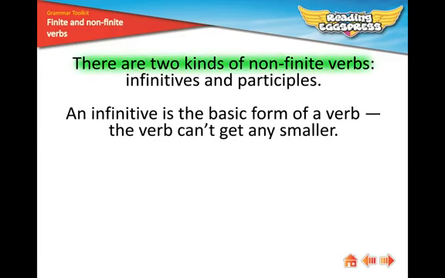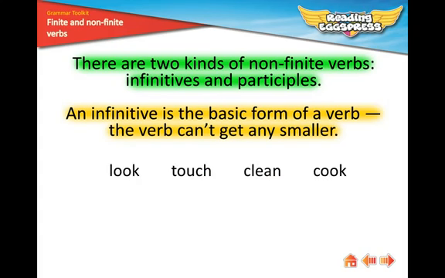There are two kinds of non-finite verbs, infinitives and participles. An infinitive is the basic form of a verb. The verb can't get any smaller. So here are some examples. Look, touch, clean, cook. Can you think of other similar examples?